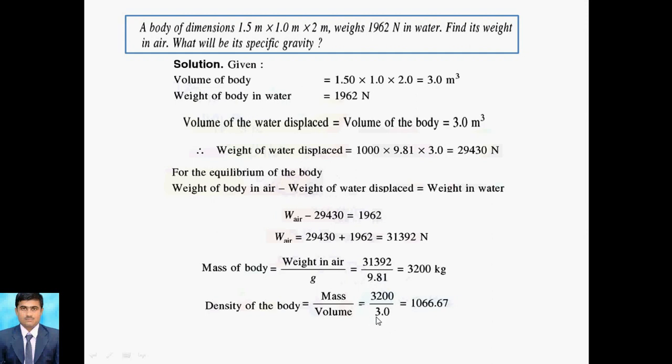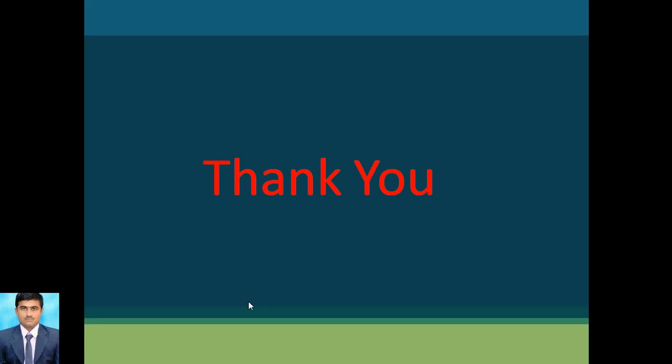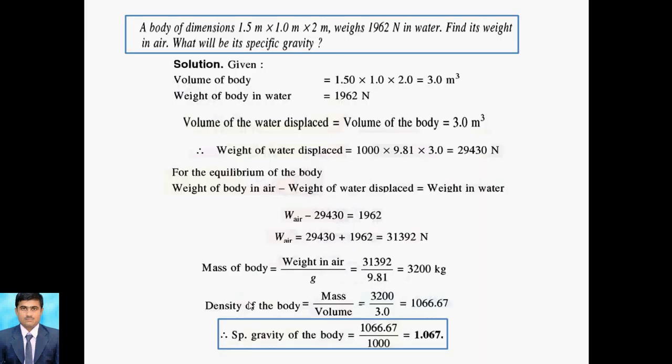So you place 3200 over 3, and after putting in the values, the density is 1066.67. Then specific gravity is equal to that density, 1066.67, divided by 1000, the density of water. Then we get the specific gravity of the body, that is 1.067.